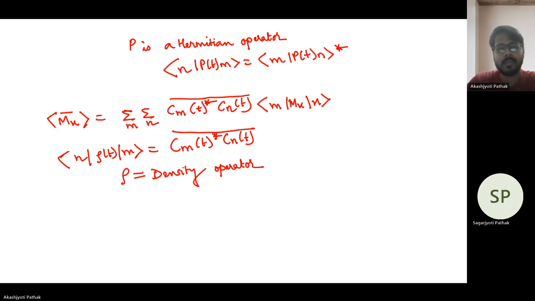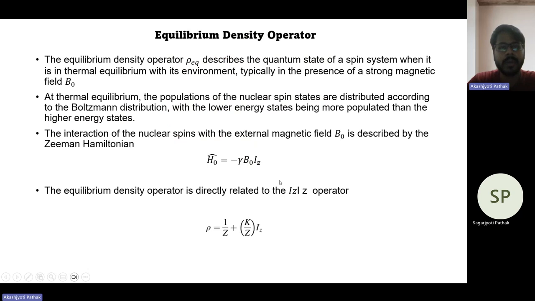So now we are done with the entire concept of the density operator. Now what we will do is we will understand the equilibrium density operator.